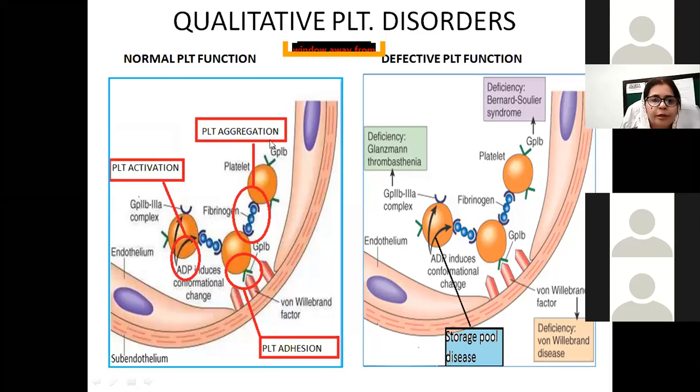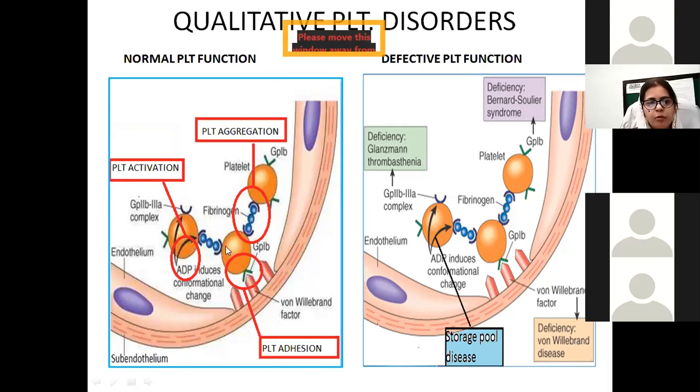This is called platelet aggregation, in which fibrinogen is trapped between two platelets, and the receptor involved this time is glycoprotein 2B3A. So you can say that in platelet adhesion, the receptor involved is glycoprotein 1B and von Willebrand factor. In platelet aggregation, the receptor involved is glycoprotein 2B3A.